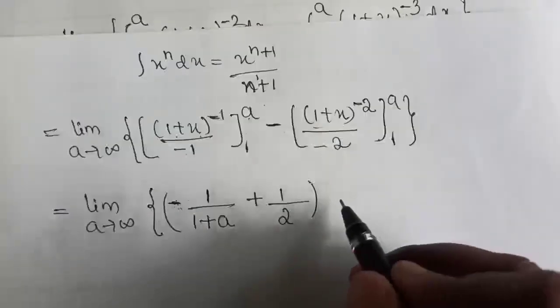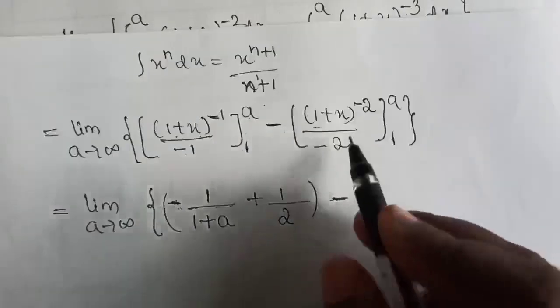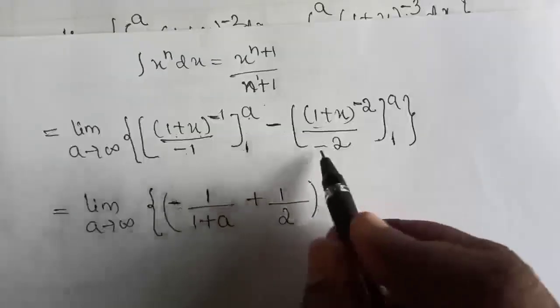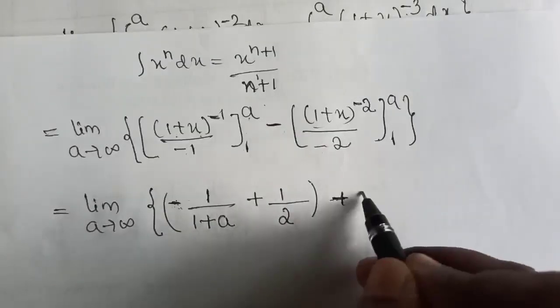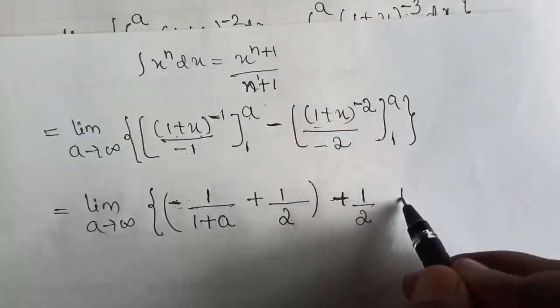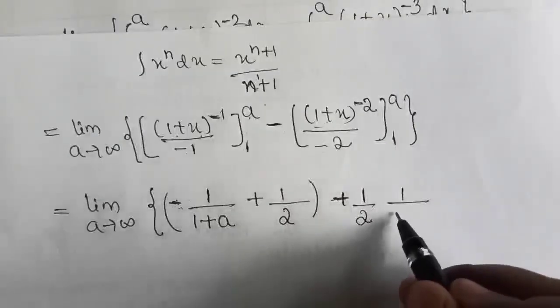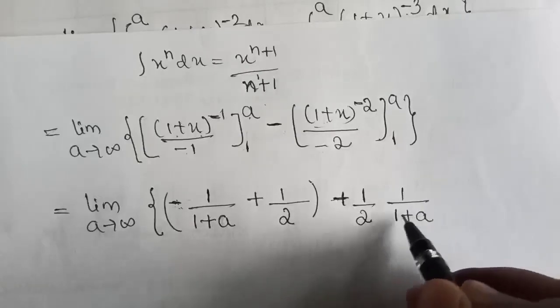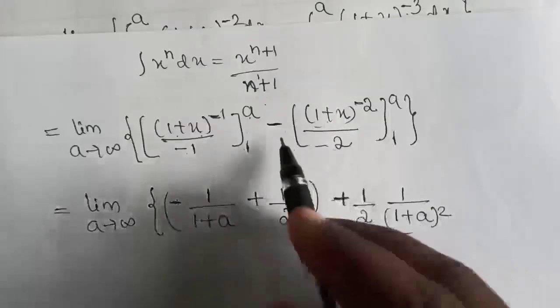now come to this term, that is the minus sign. Minus into minus becomes plus 1 divided by 2 times 1 divided by (1 plus x), that is (1 plus a) whole square.